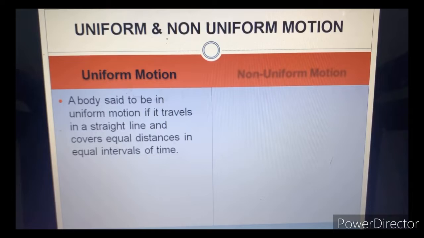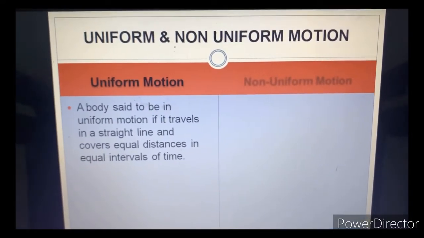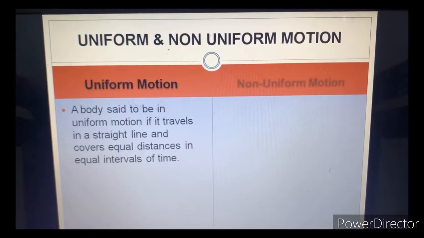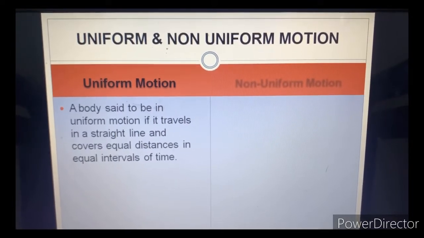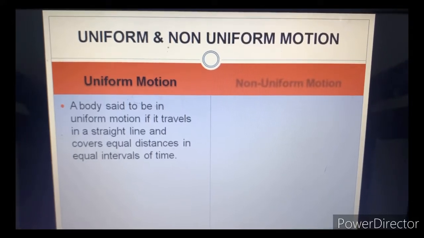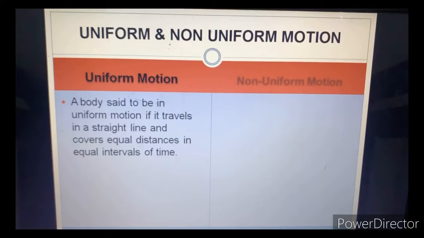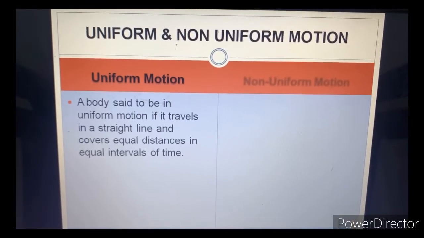And if the speed increases or decreases, then its motion will also change. Then we cannot say it is uniform motion. So it should travel in a straight line, and if it covers equal distance in an equal interval of time, this means that it is in uniform motion.